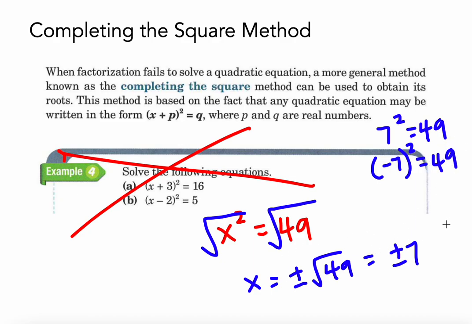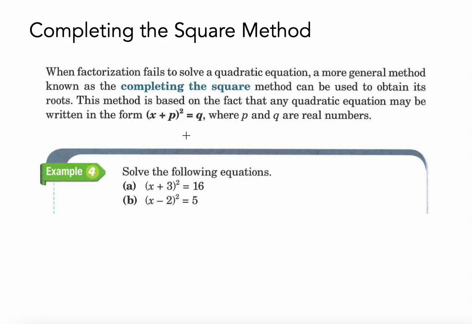So we do have to keep in mind that the square root of a positive number, because at this point at least you can't square root a negative number, would require you to consider that there are two possibilities, a positive and a negative answer. All right.